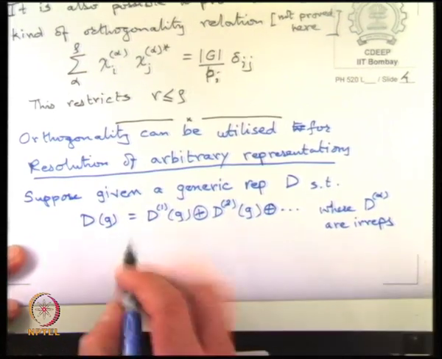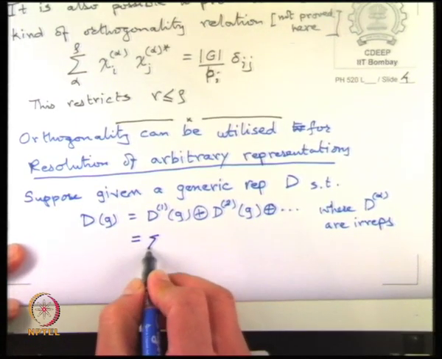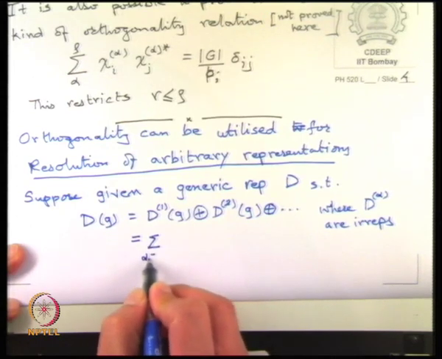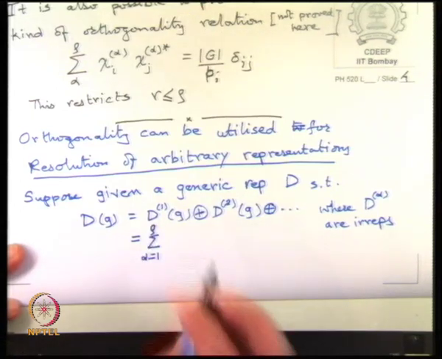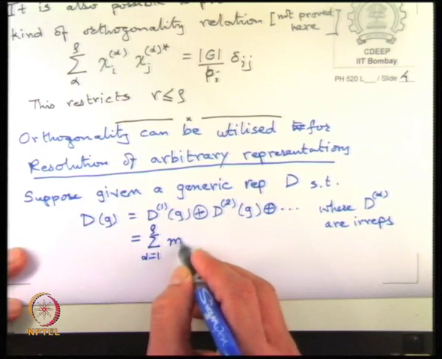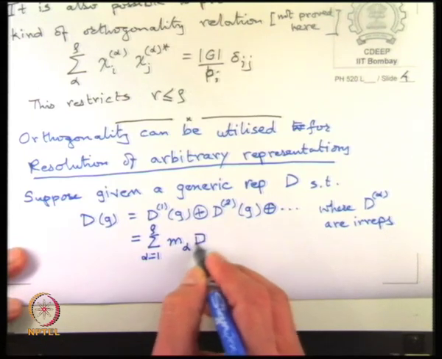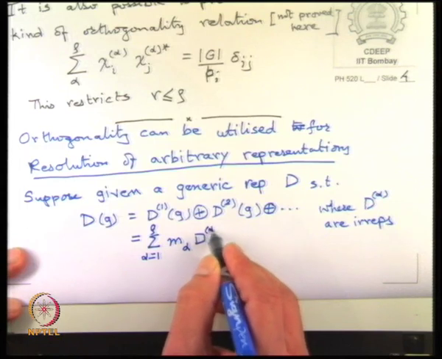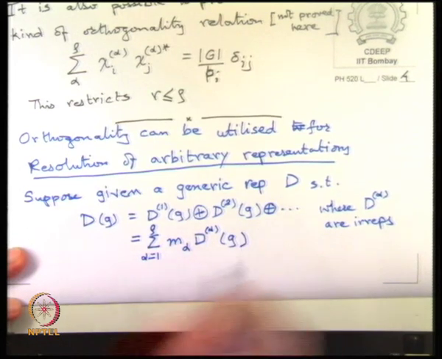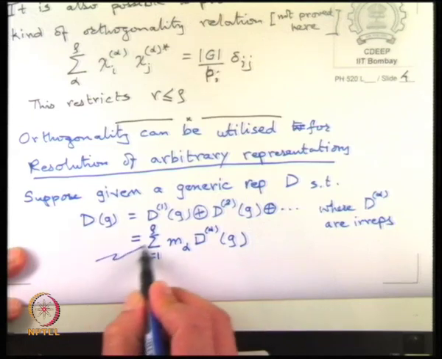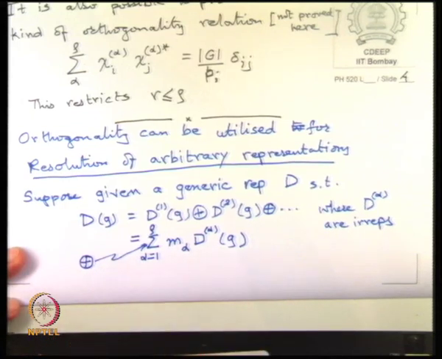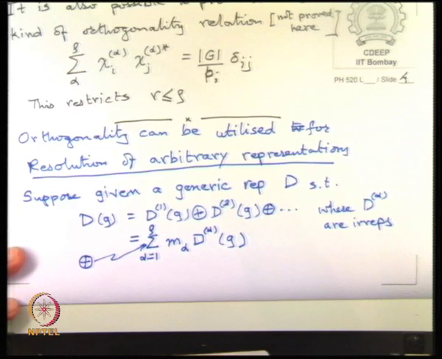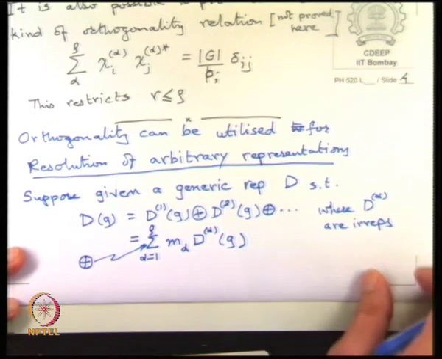We rewrite this as equal to the sum over alpha, and for alpha we have said that let there be rho number of irreps, so the sum goes over that, and a weightage factor m_alpha times D_alpha of G, where technically I should have put here not an ordinary sum but actually the group theory sum, the linear sum. Okay.